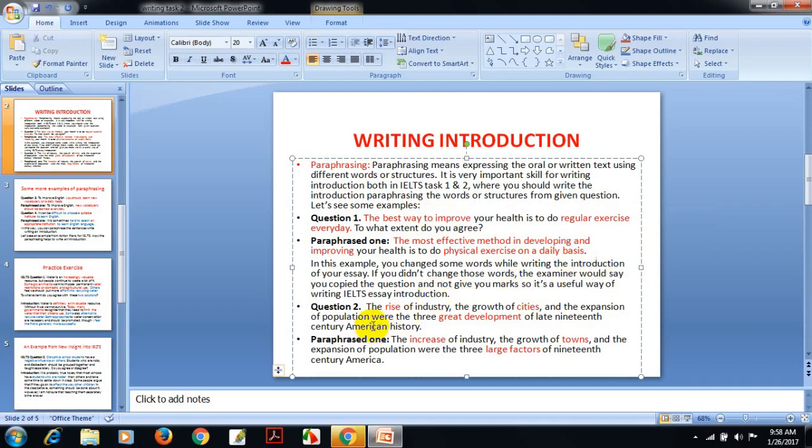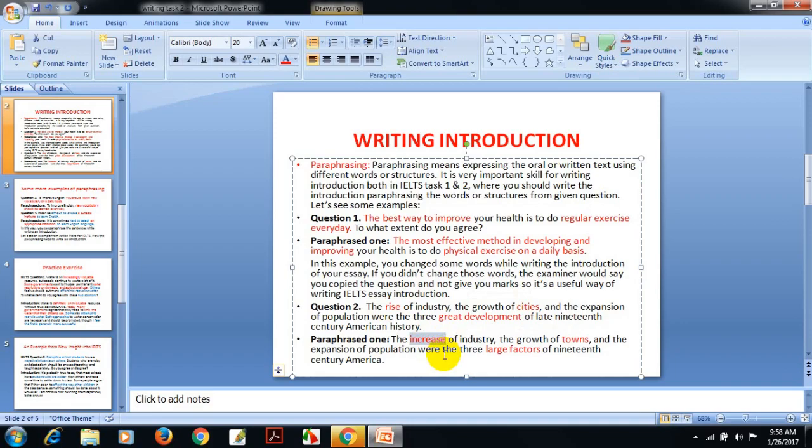Question number 2. The rise of industry, the growth of cities, and the expansion of population were the three great developments of late 19th century American history. Paraphrase: the increase of industry. Here is rise and here is increase.